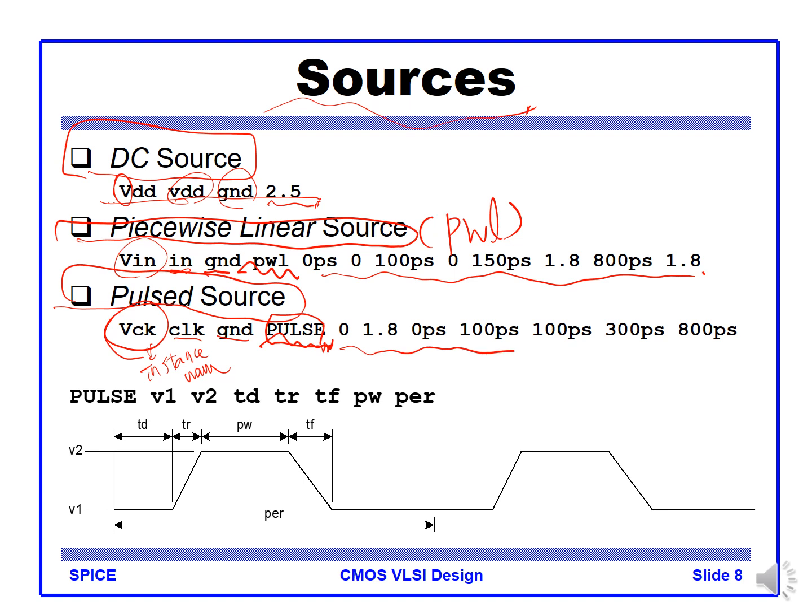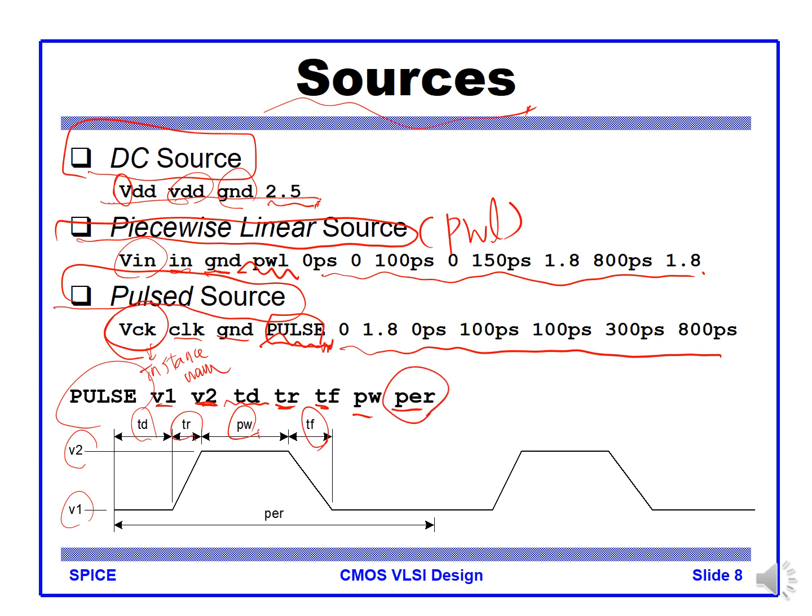The right hand side is the property. So for example, for pulse we define V1 and V2 and TD and rise time and fall time and pulse width, etc. So we define these values on the right and then define V1 and V2 here, right? So this is a kind of pulse.